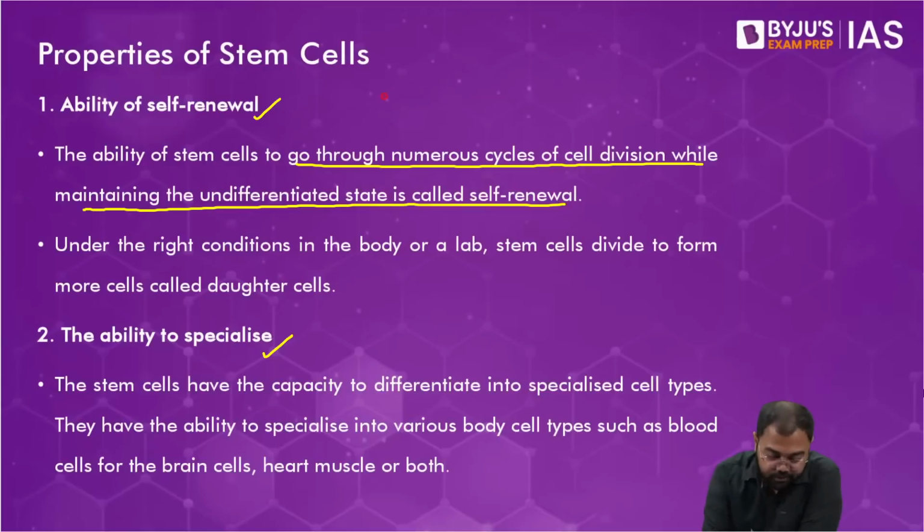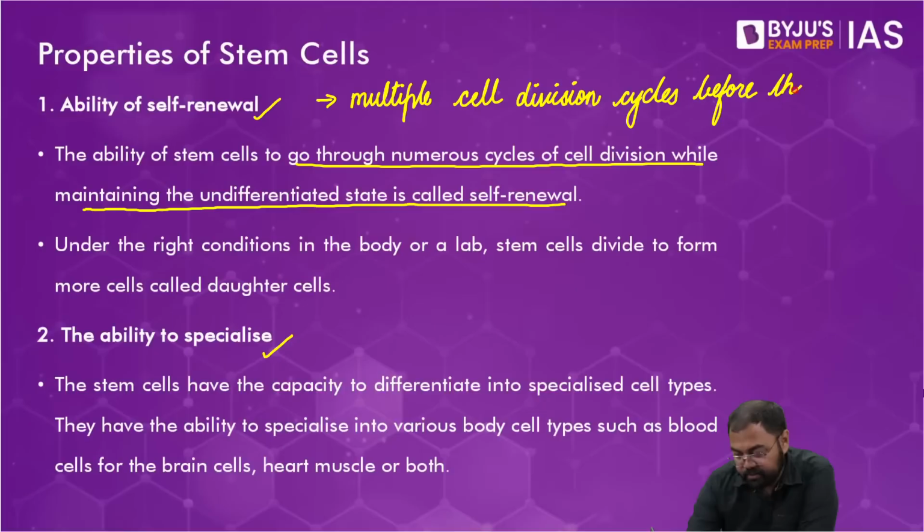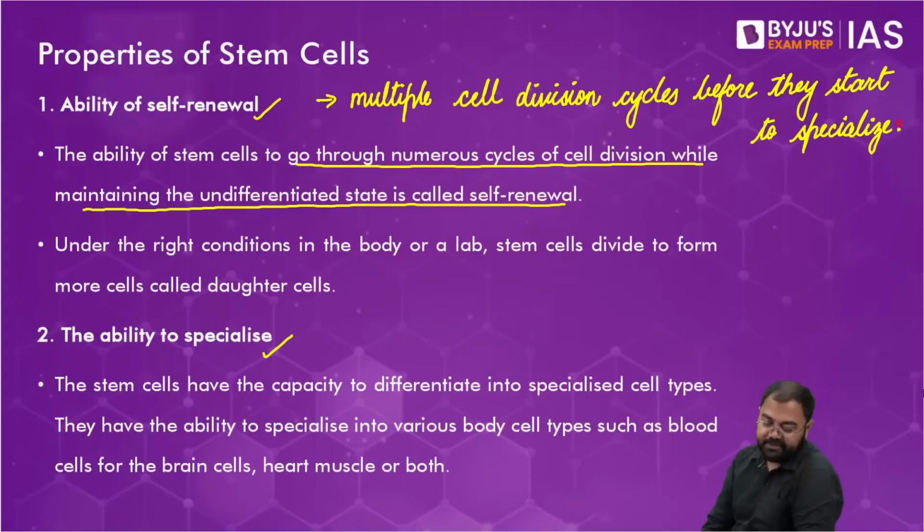All right, multiple cell division cycles before they start to specialize. So that is basically what we call the ability to self renew.